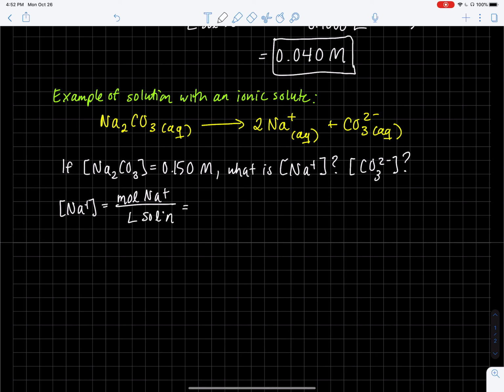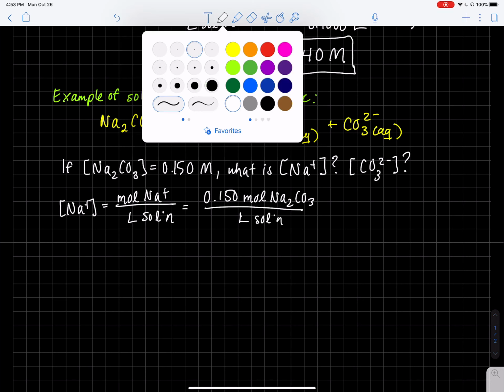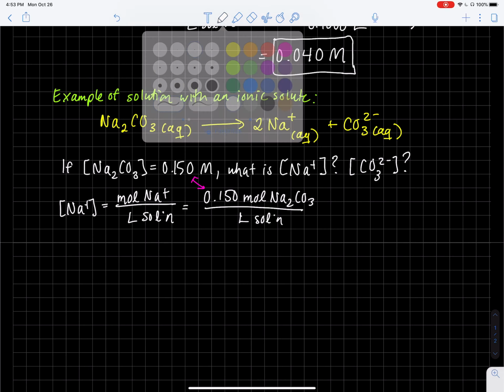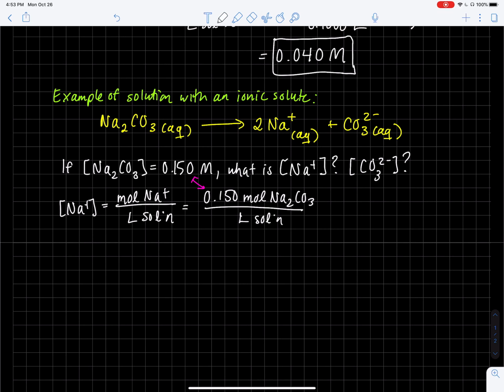Now here, I don't know exactly how many moles I have or how many liters, but I do know that I have 0.150 mole of sodium carbonate per liter of solution, because that's, in fact, what this means. And to convert that to moles of sodium plus, the bottom is all set.